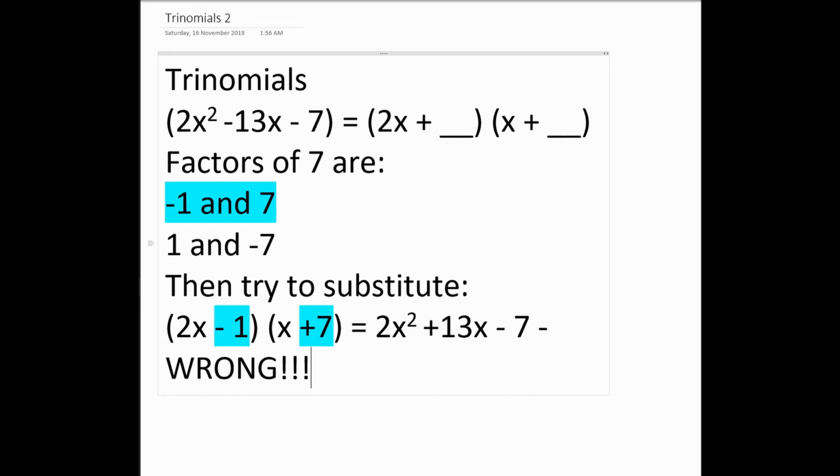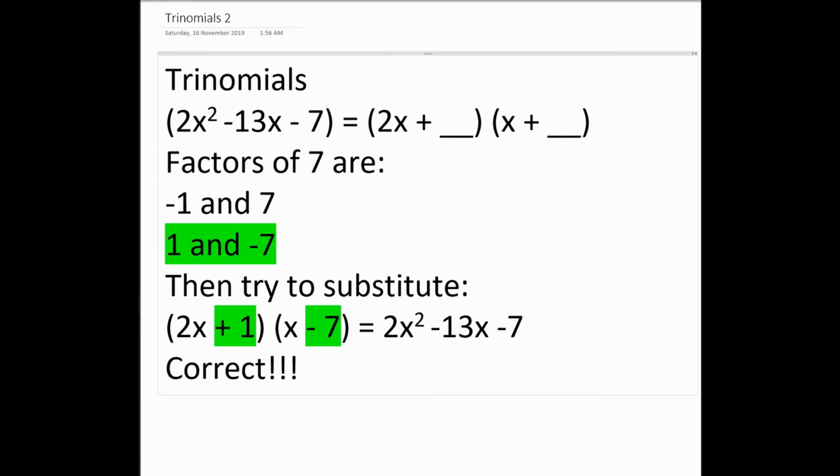So let's use the second set of factors of negative 7. We will try to use 1 and negative 7. If we substitute 1 and negative 7 and check the values, then we will have the correct result: 2x squared minus 13x minus 7.